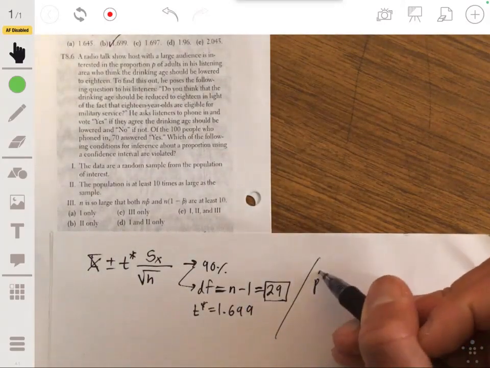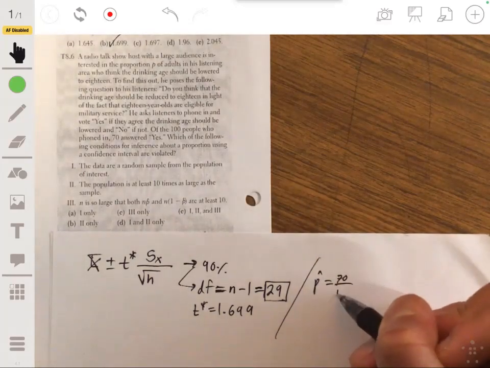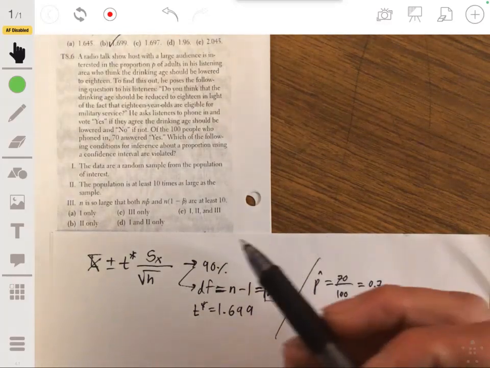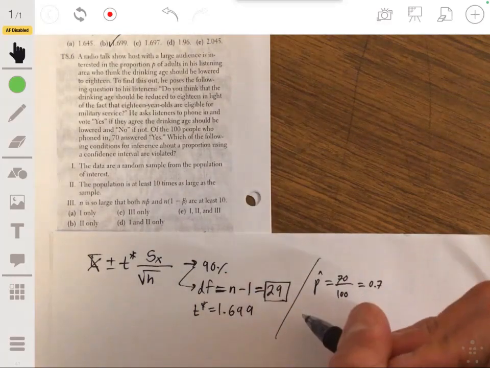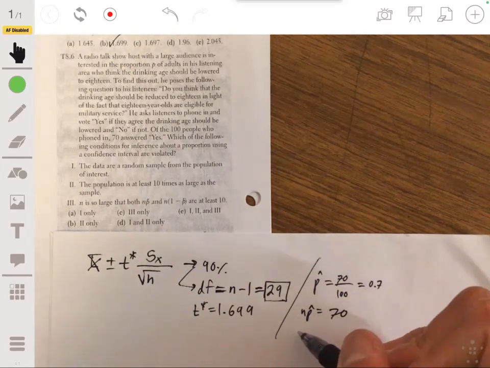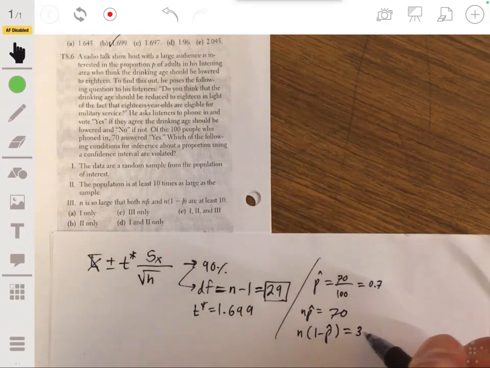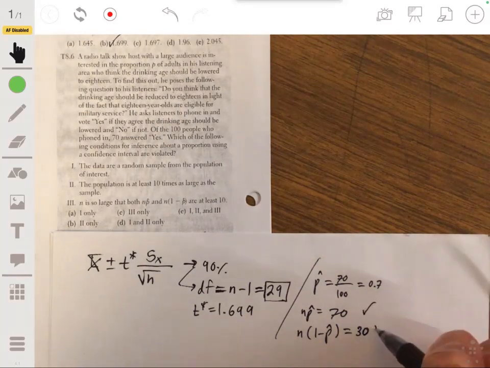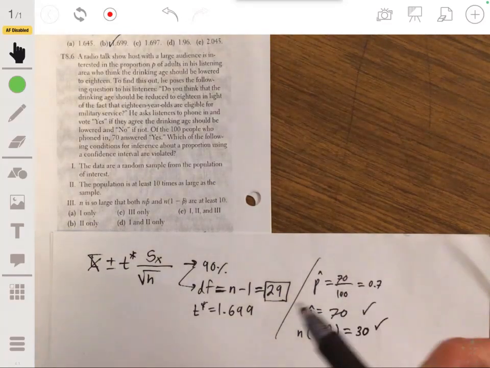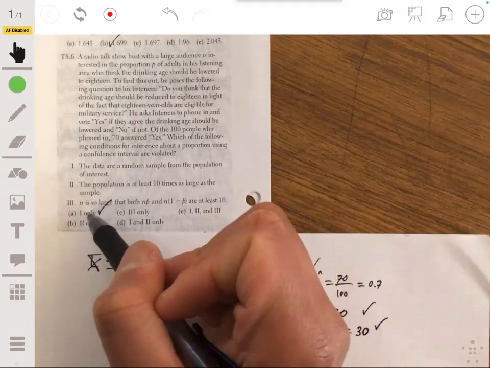P hat would be 70 out of 100, so it's 0.7. Then n times p hat would be 100 times 0.7, or 70, and n times 1 minus p hat would be 30. So both of these are at least 10, so this is met. So the only violation is going to be A. So our answer is going to be A.